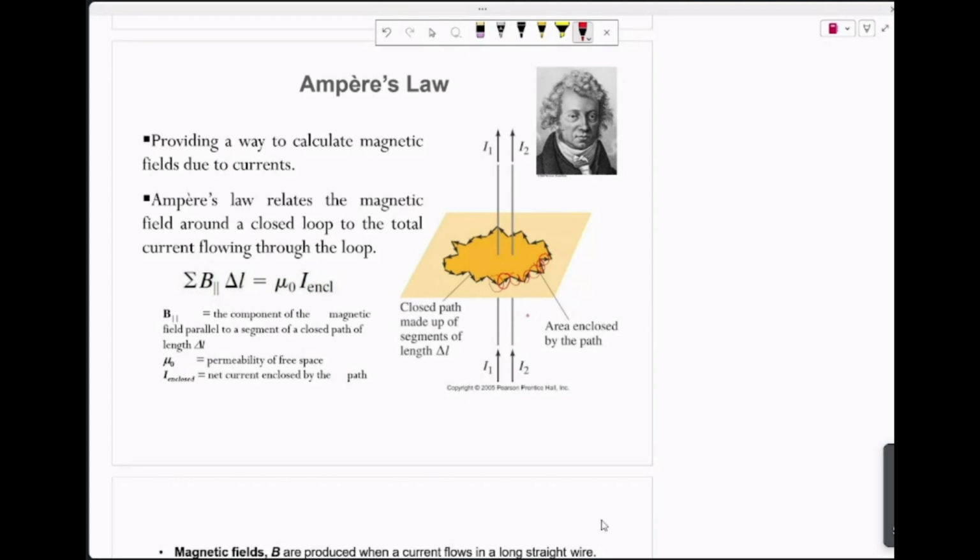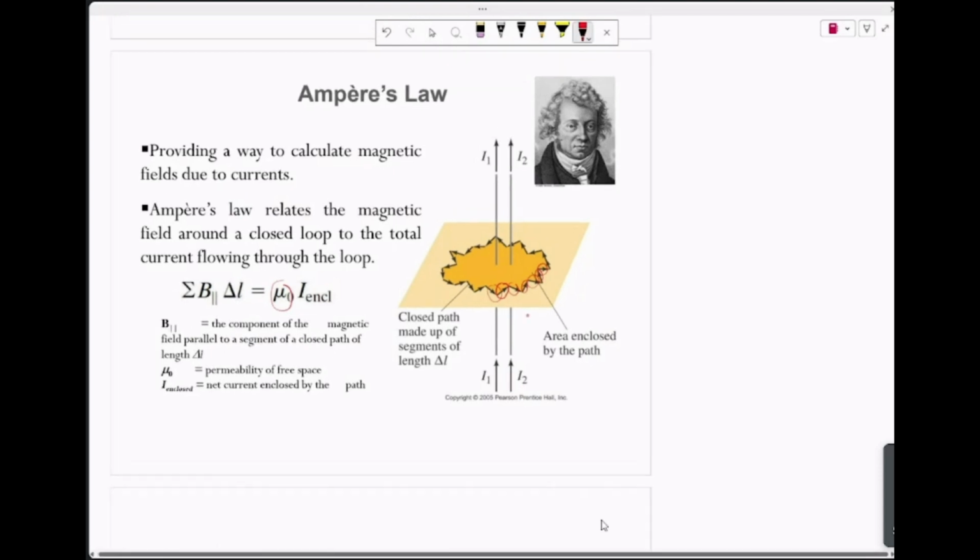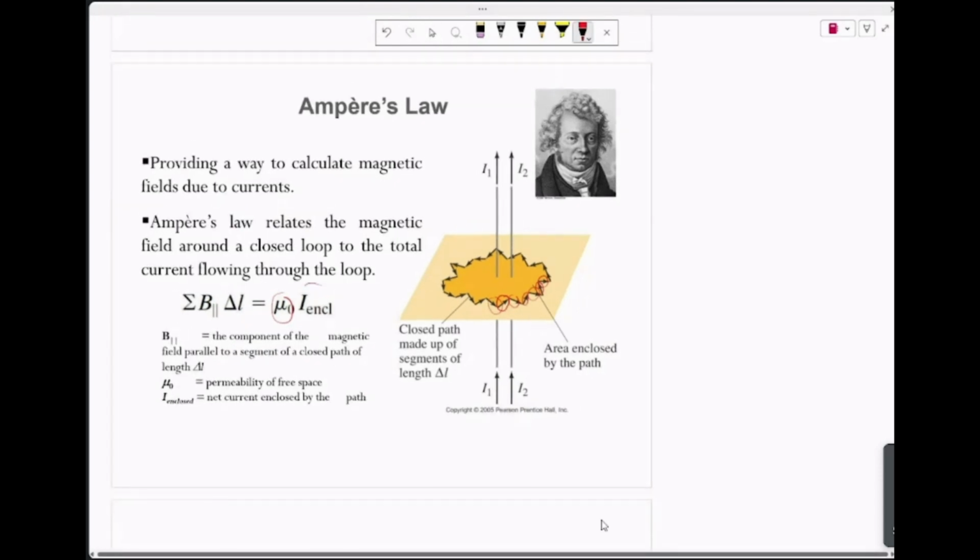The sum of that will provide you the permeability of free space times the enclosed current. In this example, I enclosed will be equivalent to I1 plus I2.